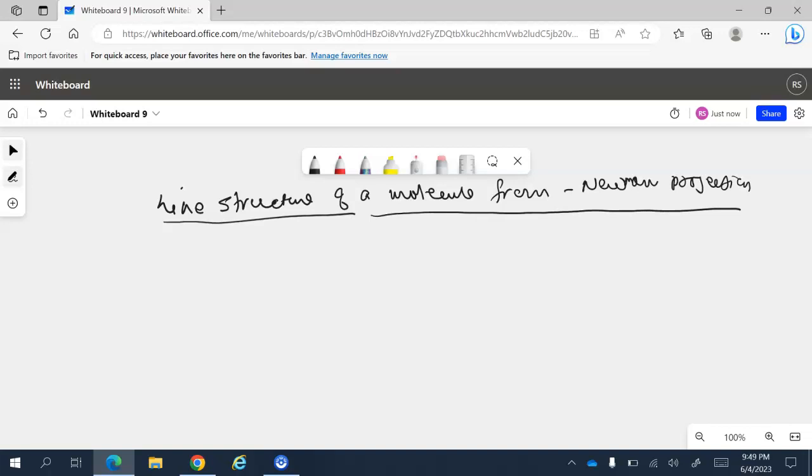And also we wanted to mention which carbon-carbon bond is depicted in that structure.